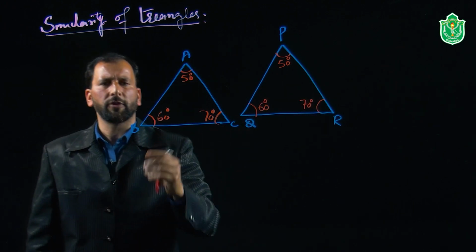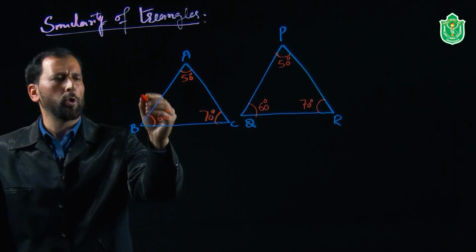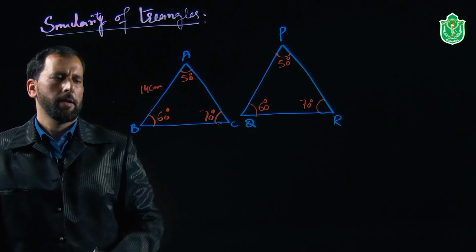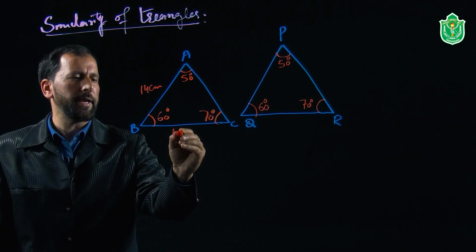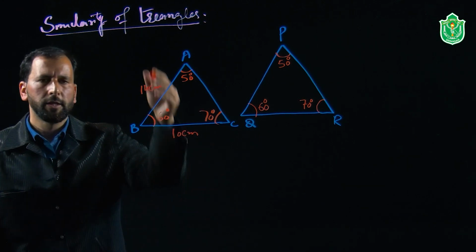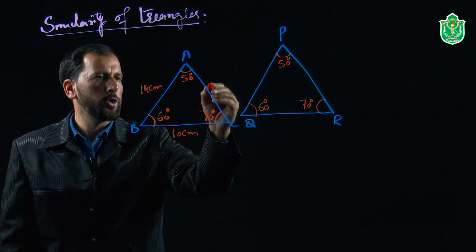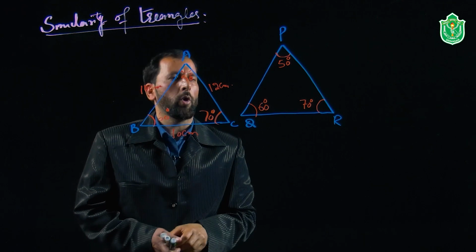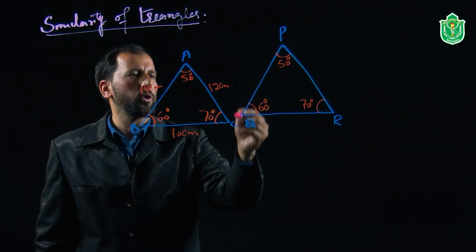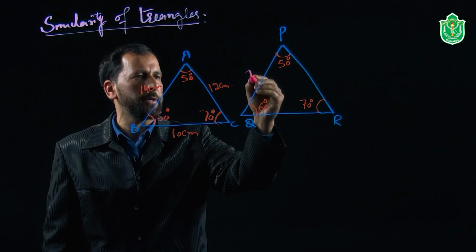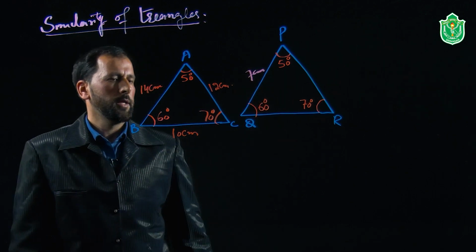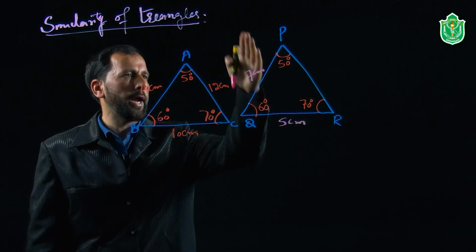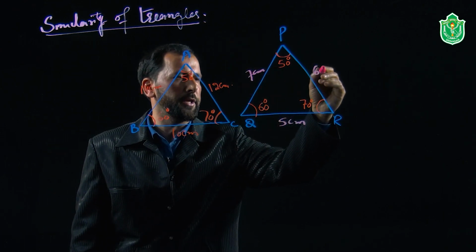And the sides of triangle ABC are, suppose, AB equals 14 centimeters, BC equals 10 centimeters, and side AC is equal to 12 centimeters. And in triangle PQR, if we take side PQ equal to 7 centimeters, then side QR equals 5 centimeters, and side PR equals 6 centimeters.